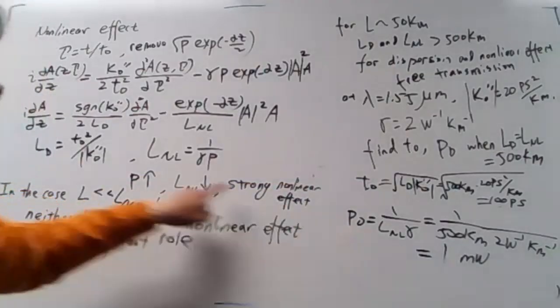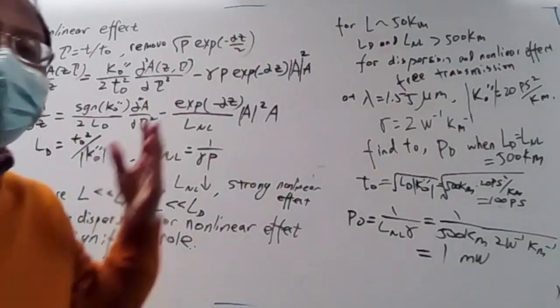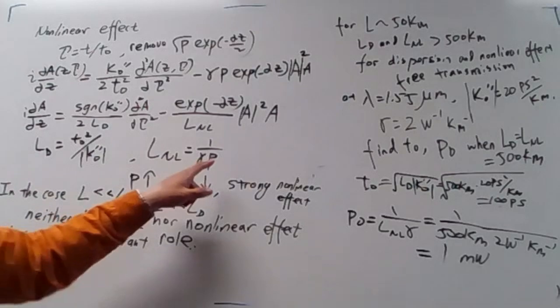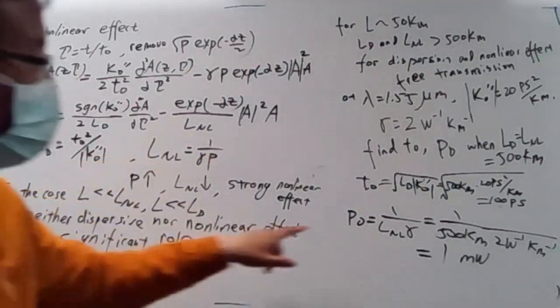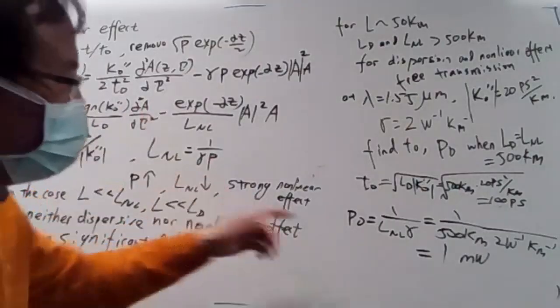Now this P directly controls the nonlinear effect, right? Why? Because once we have high power or high intensity, we're going to change the refractive index a lot. So once we have high power, we get a small nonlinear length, but strong nonlinear effect.